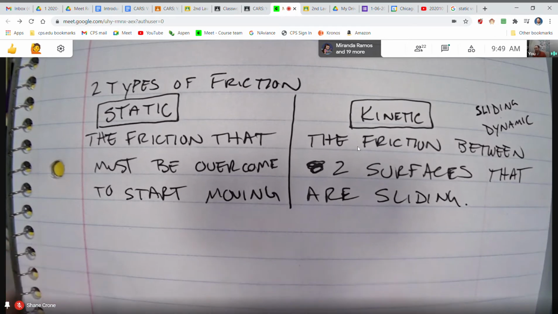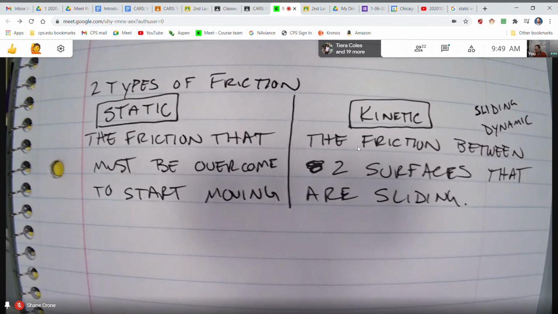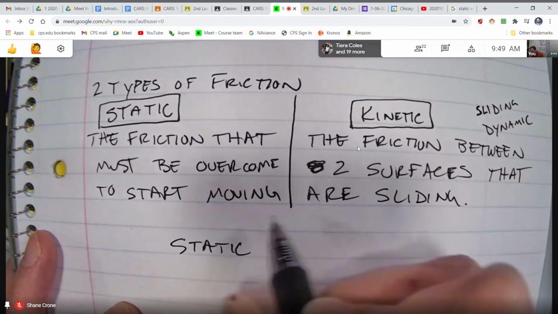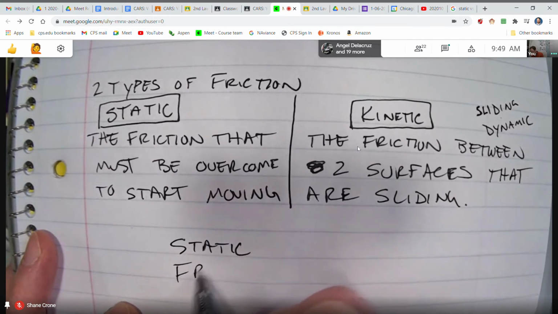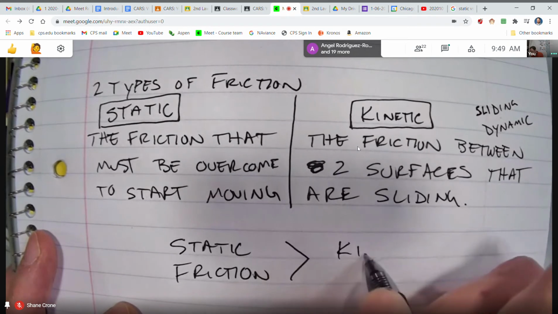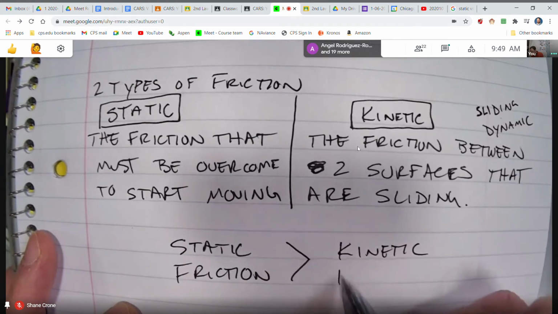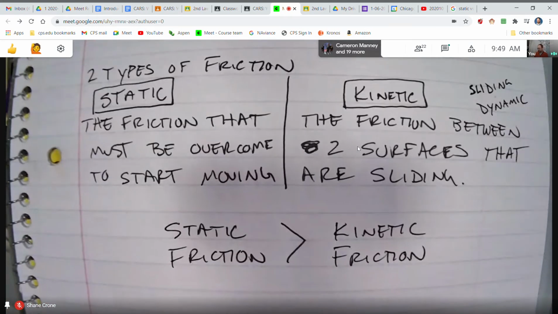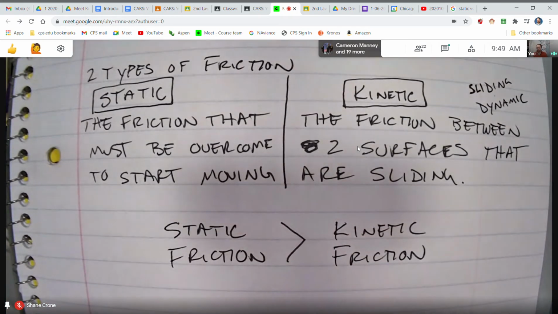Okay, so this is a basic principle that I for sure want everyone to know, and it's very relevant to driving. It's very relevant to what we're talking about with cars. So that is, the static friction is always more than the kinetic friction.